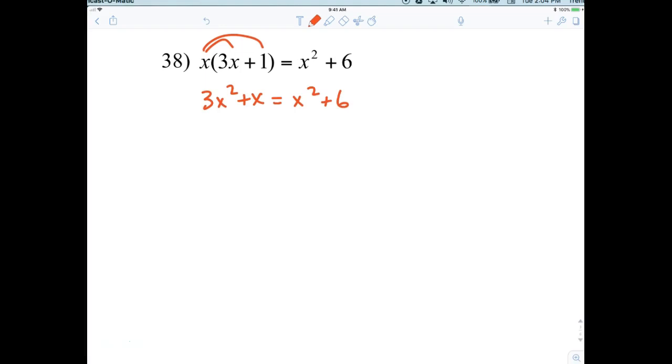Now that I've created that, I need to set it equal to what? 0. So to set it equal to 0, I move everything from the right to the left. So if I have 3x squared minus x squared, that would give me 2x squared plus x. And then what? Minus 6 equals 0. Everybody okay with that? So now you factor that down.